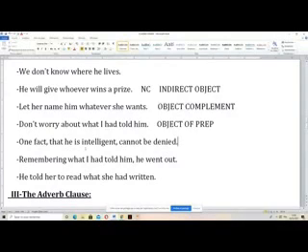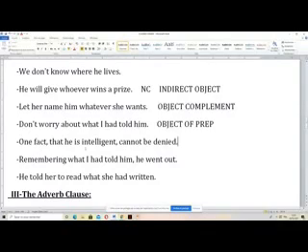What's the function? It's functioning as... It functions as a direct object. Of what? As an object of what?